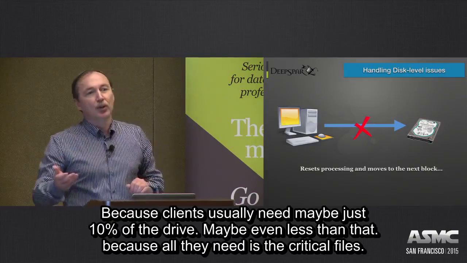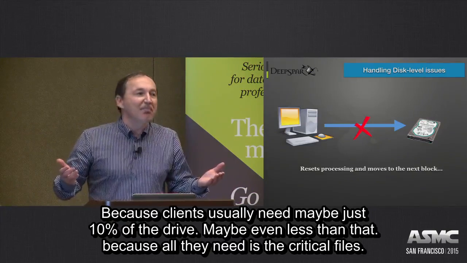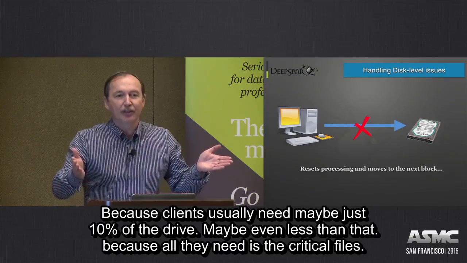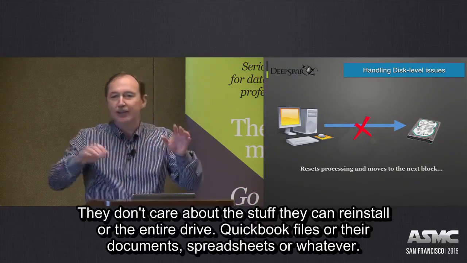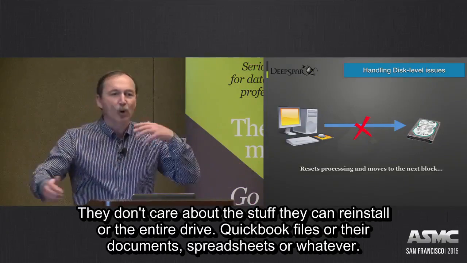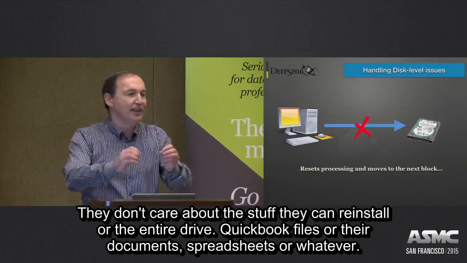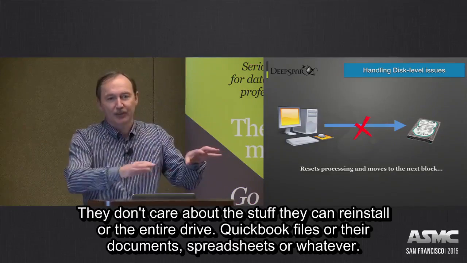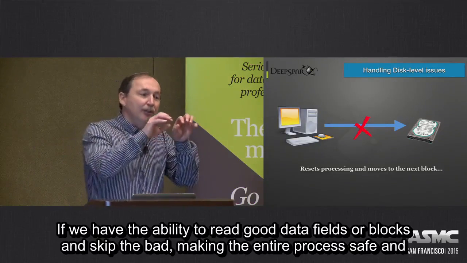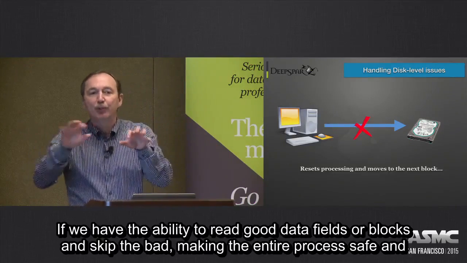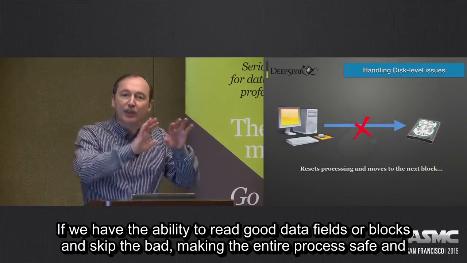Because at the end of it all, what do clients usually need? They usually need maximum 10% of the drive, right? Maybe even less than that, because they only need their critical files. They don't care about the operating system. They can reinstall that, right? They don't care about the drive usually. All they need is QuickBooks files, or whatever, documents, spreadsheets, whatever. So if we have the ability to read good data first, good blocks, and skip all the bad, we're making the entire imaging process very safe.